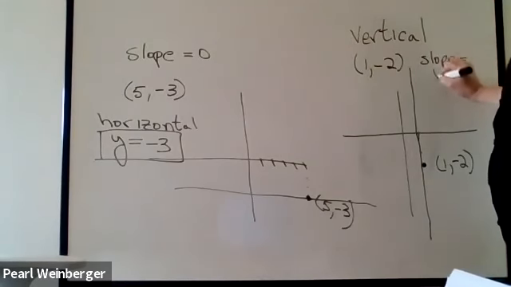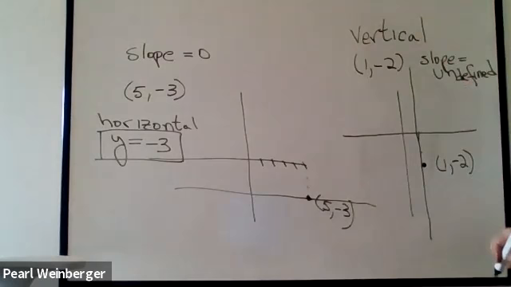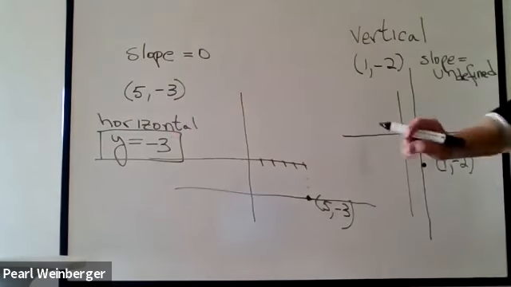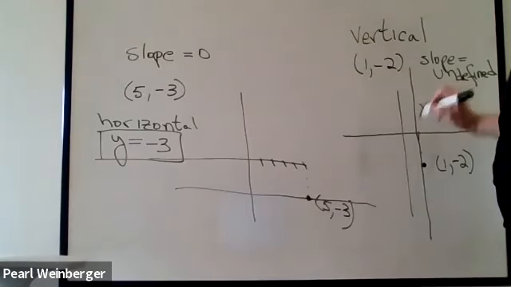So they could have also said, what if we have a line whose slope is undefined? That means that you're dealing with a vertical line. Now, a horizontal line, we said, only has a y in its equation. A vertical line only has an x in its equation.